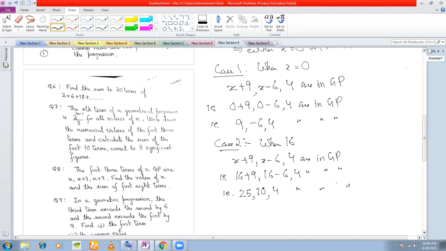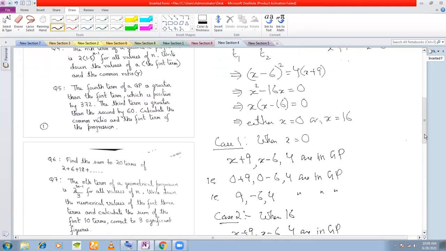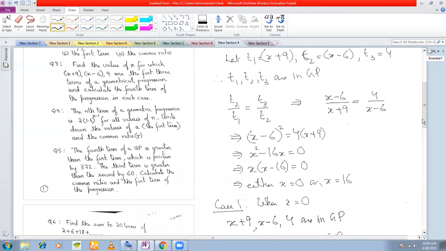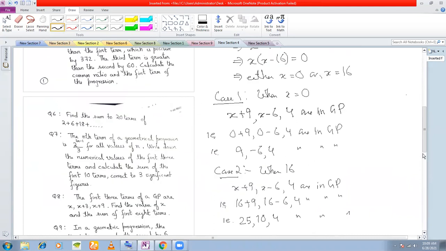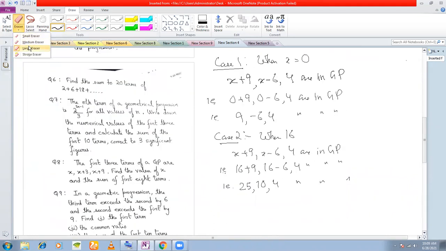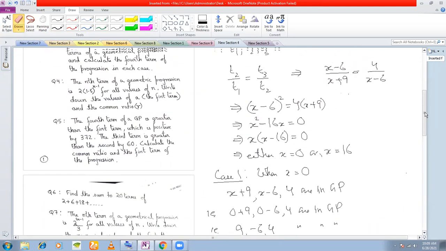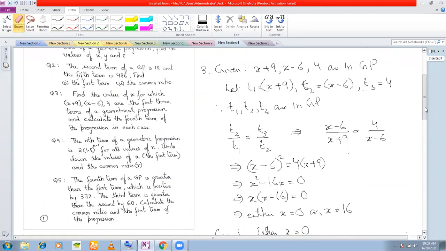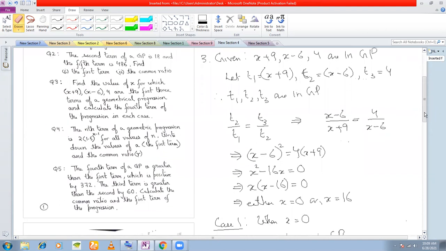Okay. So now the question here was to find out the terms of the GP, right? Let's see the question here. Oh, okay. Question was calculate the fourth term of the progression in each case. Okay, fourth term, fine. So once I know the GP, calculate the fourth term of the progression in each case.